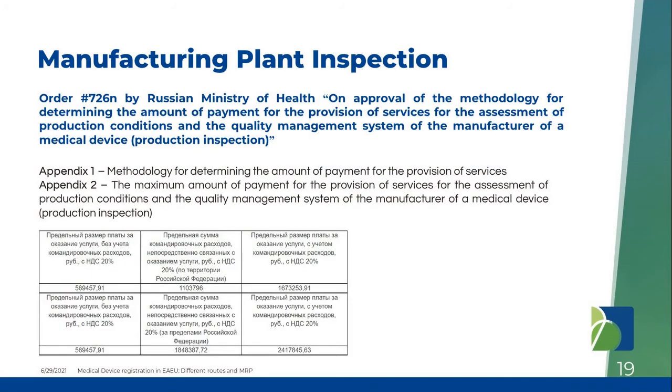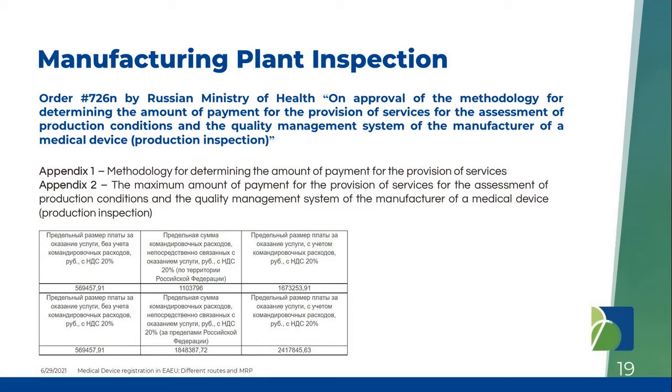And of course, the main question from all the colleagues and clients: how much? We can find the answer in order number 726N. It's an order by the Russian Ministry of Health. You can see the name: on approval of the methodology, how to calculate the payment, and how to perform the inspection.